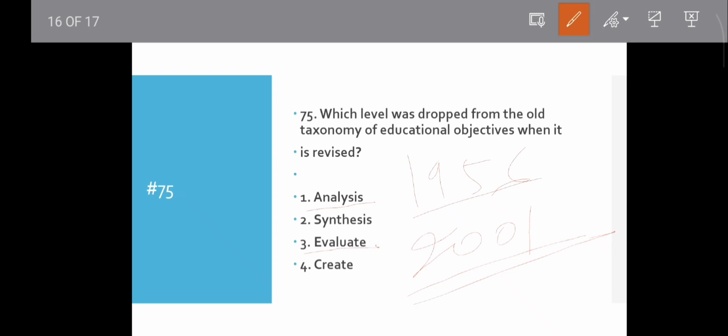Then which one was dropped? Synthesis. The term synthesis was removed from the old taxonomy of educational objectives when it was revised. In this place create is coming. So option 2 will be the correct answer.